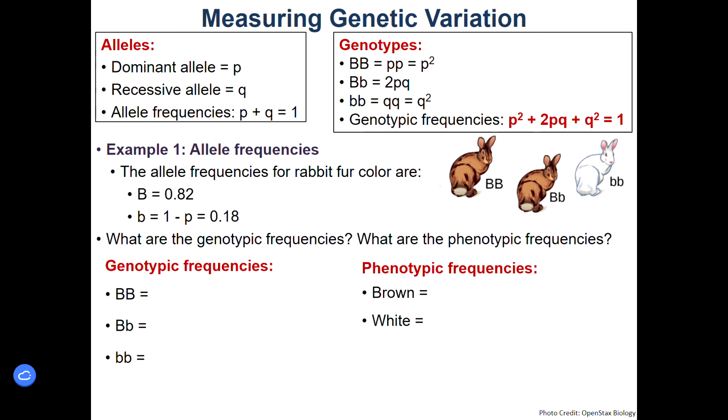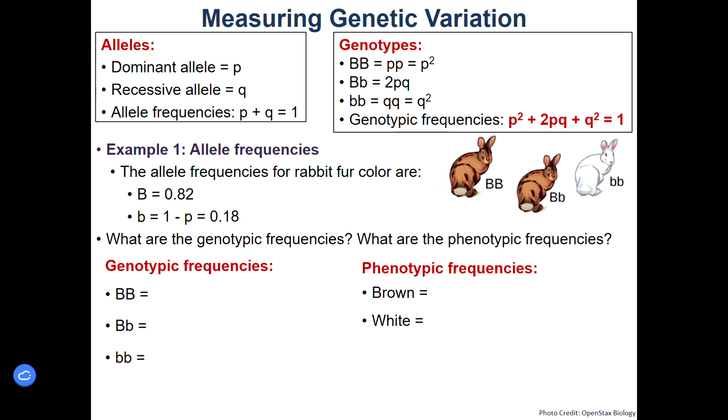We know this is P, so 1 minus P, or 1 minus 0.82, is 0.18. So our allele frequency for our little b, or for Q, is 0.18, or 18% of our population have the little b allele. So next we need to figure out what our genotypic frequencies are.